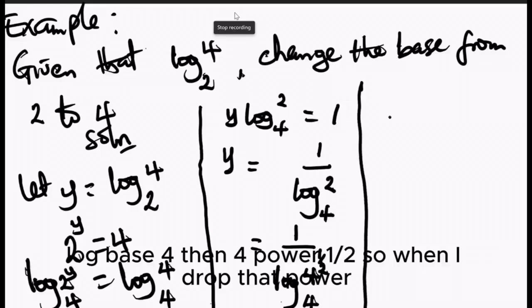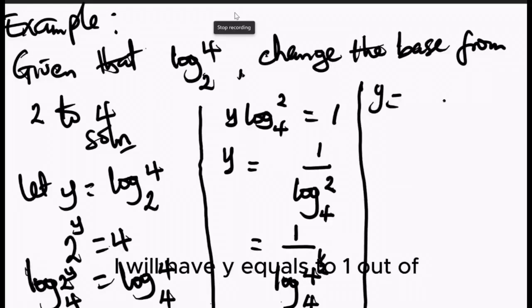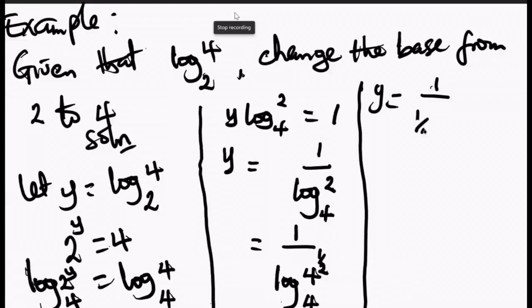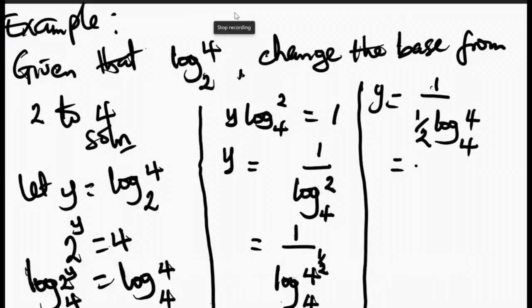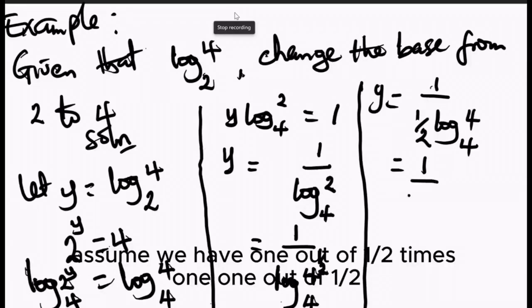So when I drop that power, I will have y equals 1 over half log base 4 of 4. Log base 4 of 4 is 1. I simply have 1 over half times 1.